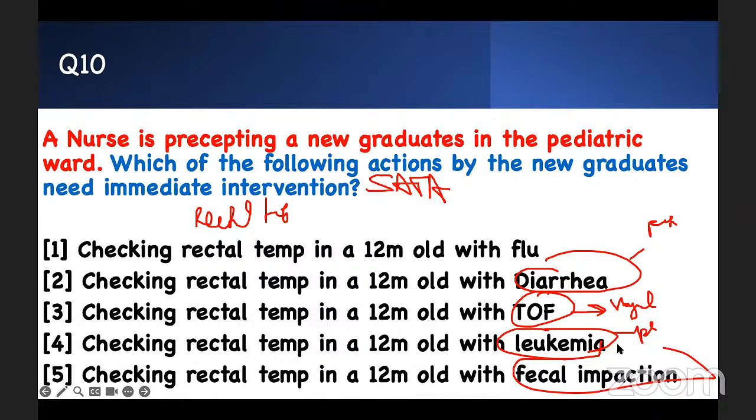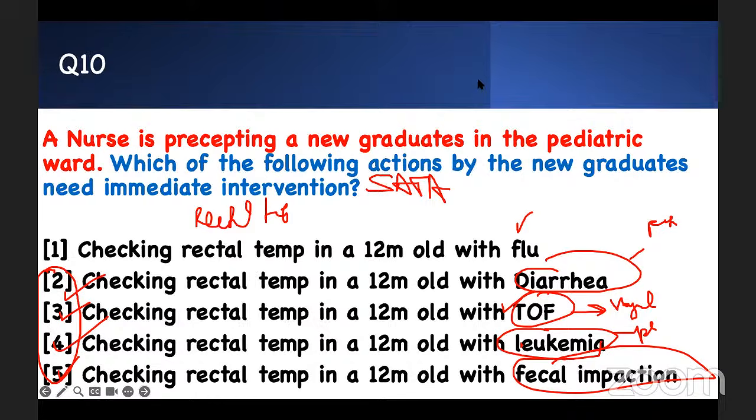Somebody with fecal impaction. If you have a flu, we can check your rectal temperature. But 2, you should not do that. No diarrhea. Heart problem? No. Immunocompromised? No. And fecal impaction?